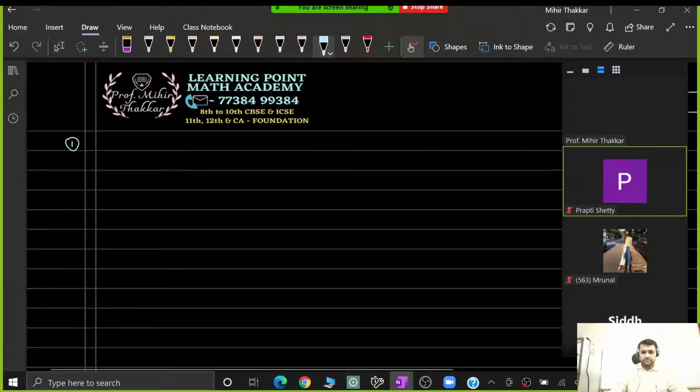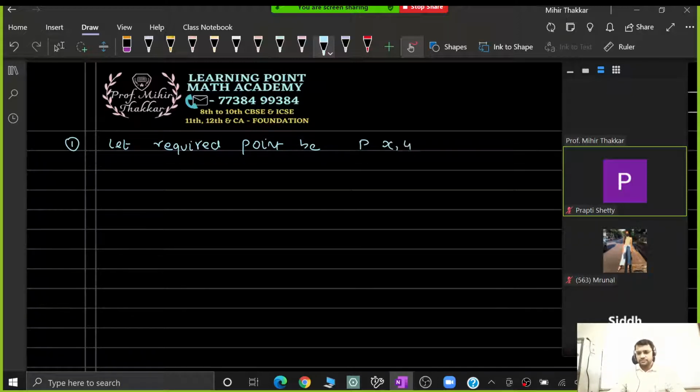Question number 1. Let the required point be P(x, y). So let me draw a rough diagram so that you understand what exactly the question is trying to tell us.